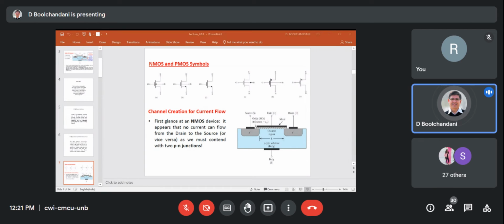Now, if you see this MOS, at first glance, no current can flow from drain to source, right? Because here you have a PN junction between the source and substrate. You have a PN junction between, and we have reverse biased this.